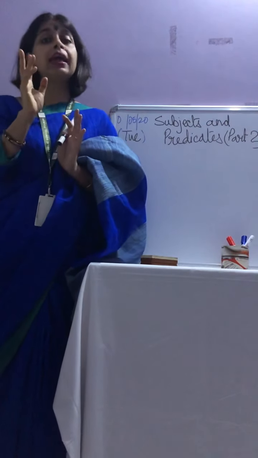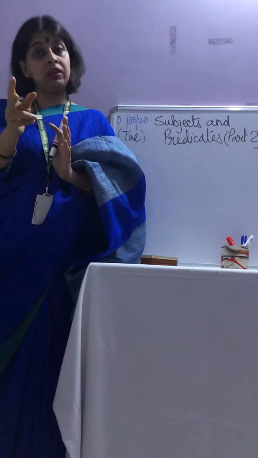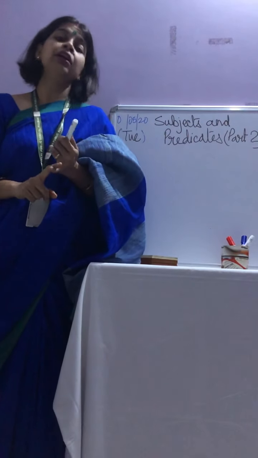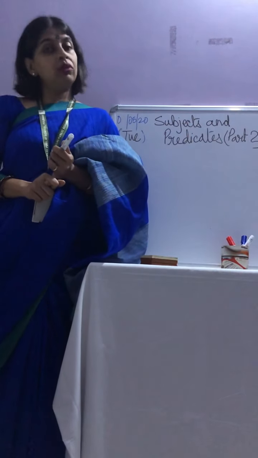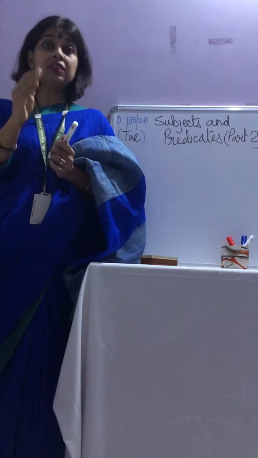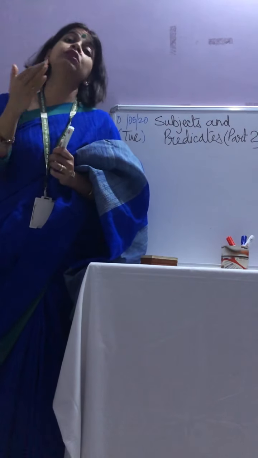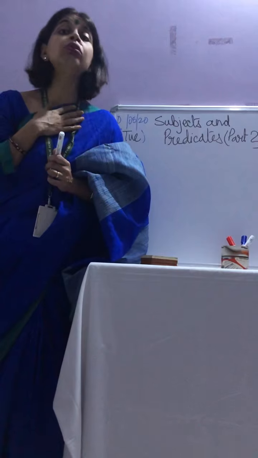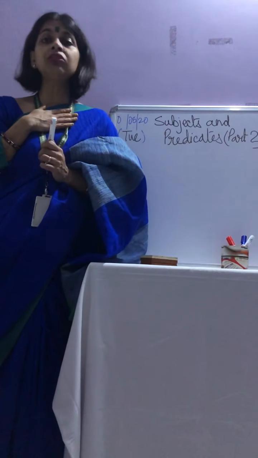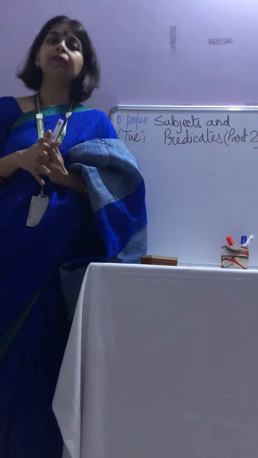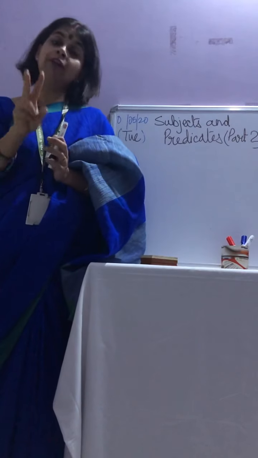A single line notebook is to be used for both English literature as well as English grammar and creative writing. This is information I wanted especially my new students to know. The old ones, I'm sure, know it, but the new students, you need to have two notebooks.